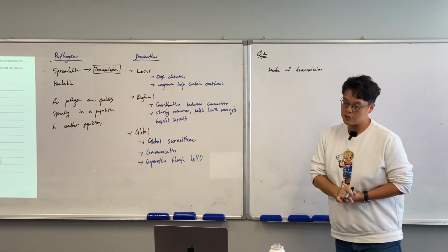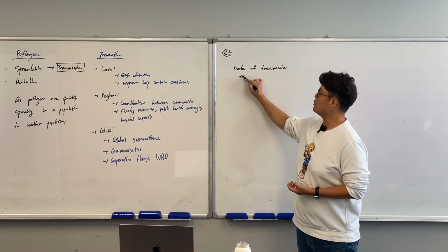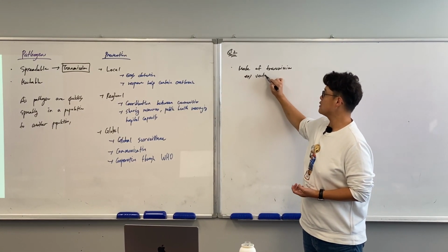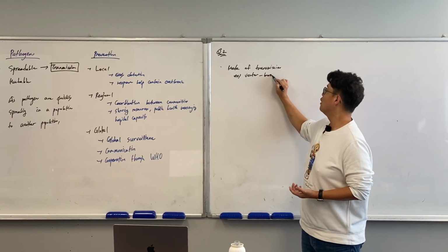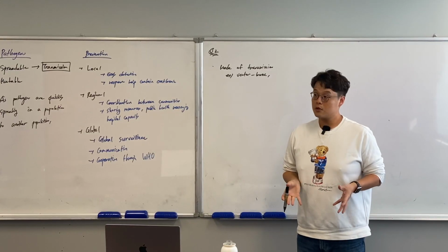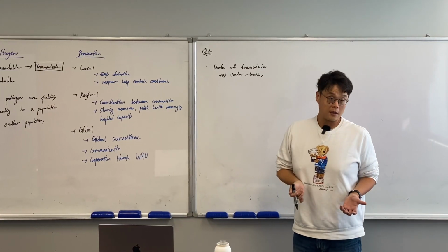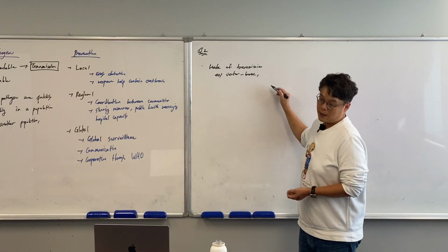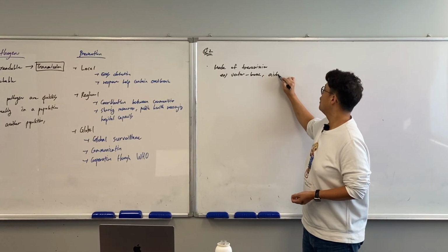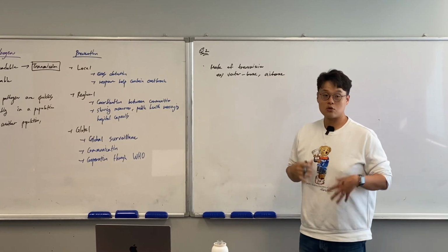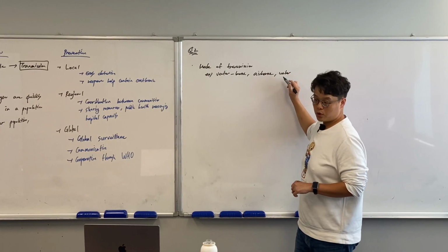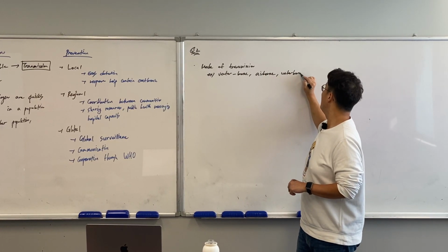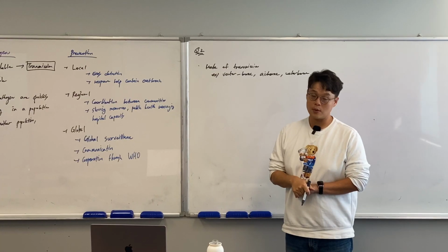Are they transmitted by vectors? Vector-borne, like mosquitoes, mice, and birds could be the vectors. Or it could be airborne, transmitted through the air, or waterborne, transmitted through water as well.